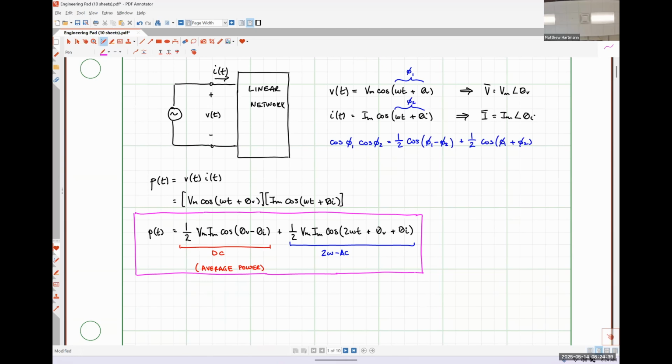To use this particular equation requires us to know both the voltage drop across our network as a phasor and the current flowing through our network as a phasor. However, it may be beneficial in some instances for us to not have to find that much information.